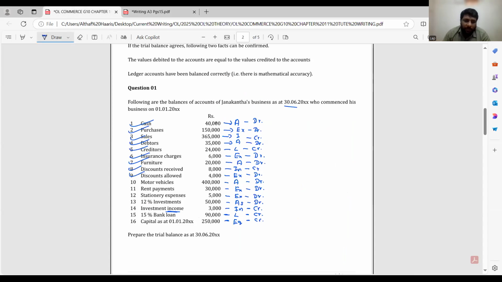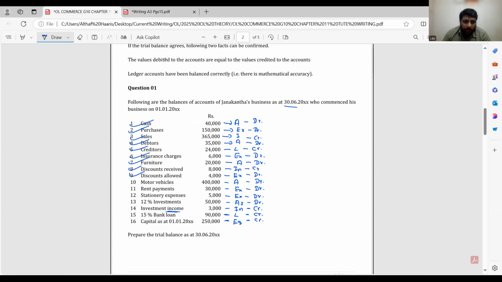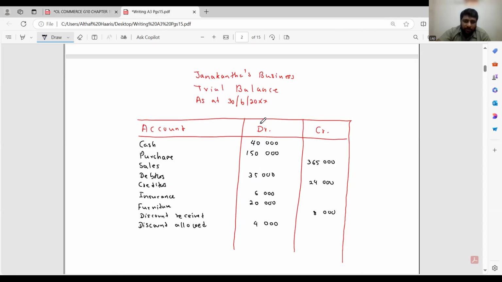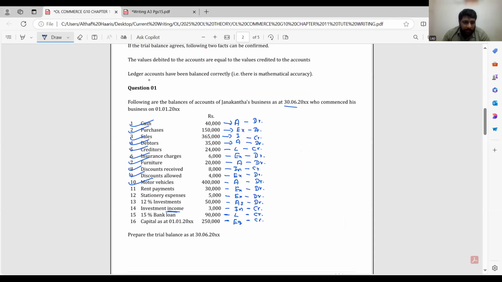Discount allowed 4,000. Motor vehicles 400,000. Rent 30,000.